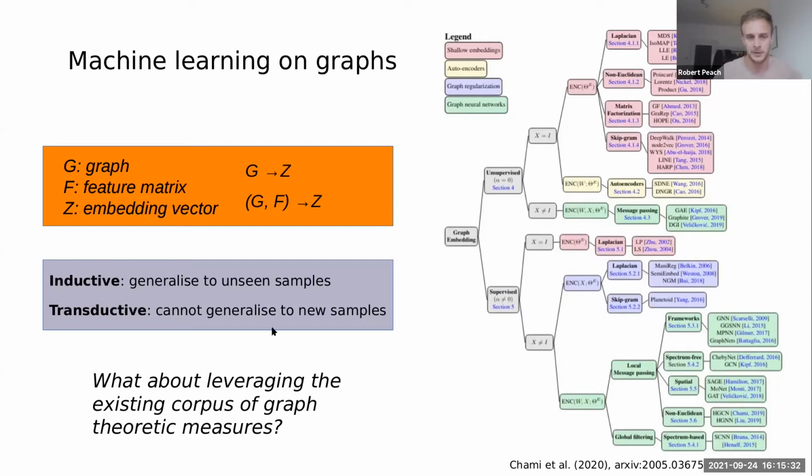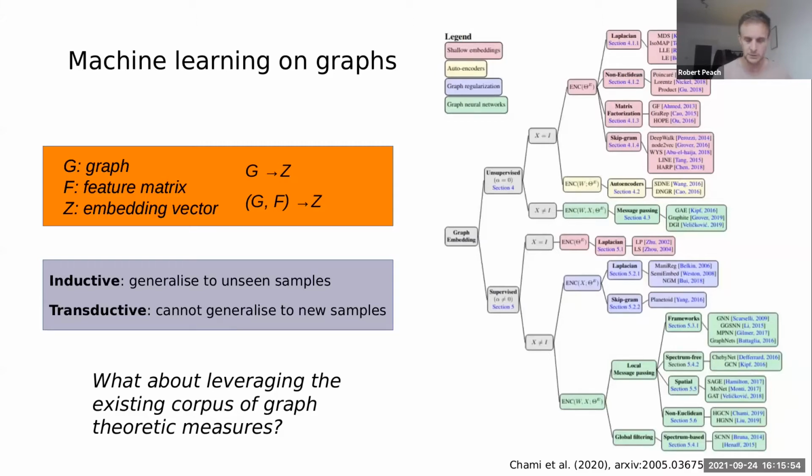And just to give you a quick background as well, which is not too important, you can break these different types of machine learning on graphs into two different types of learning. There's transductive learning and inductive learning. So transductive learning is when you cannot generalize to new samples. What do I mean by this?